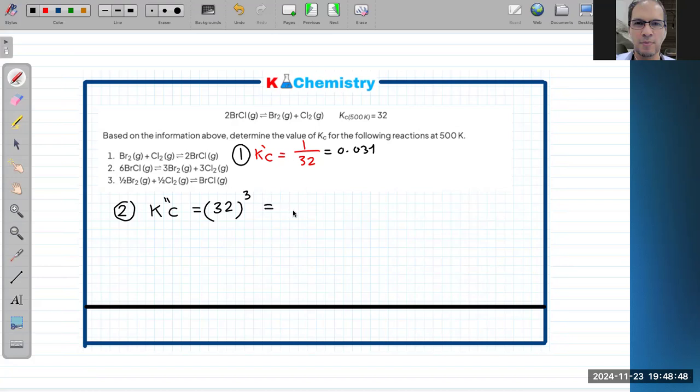So 32 to the power of 3 will be our answer, which is equal to almost 3.3 multiplied by 10 to the power of 5.